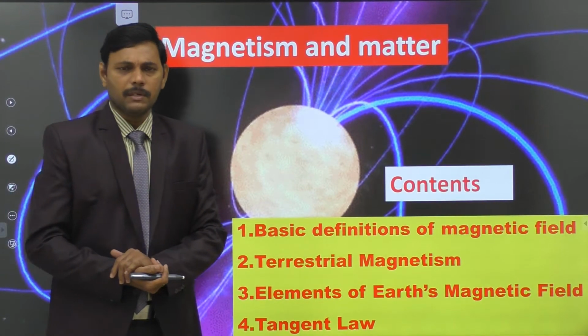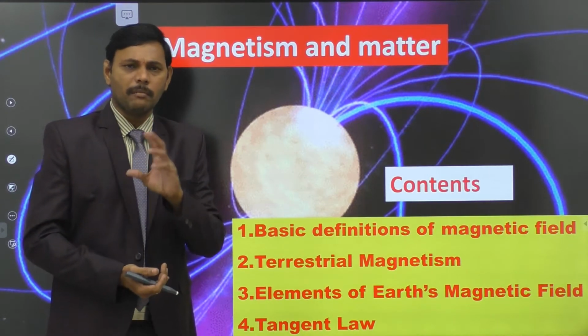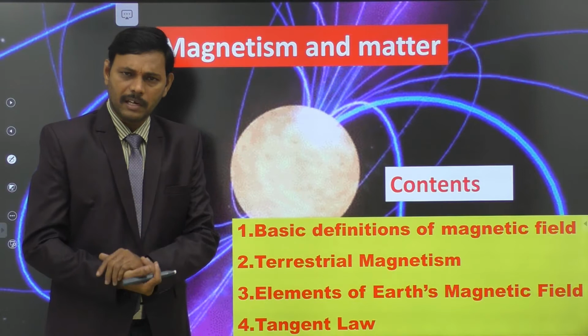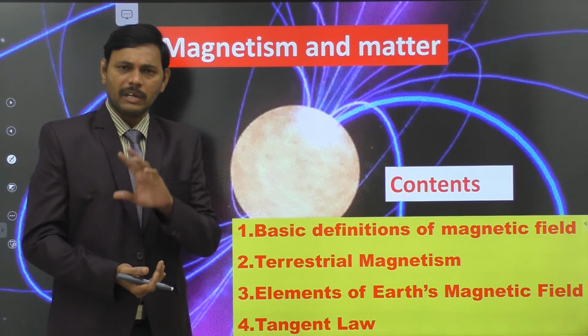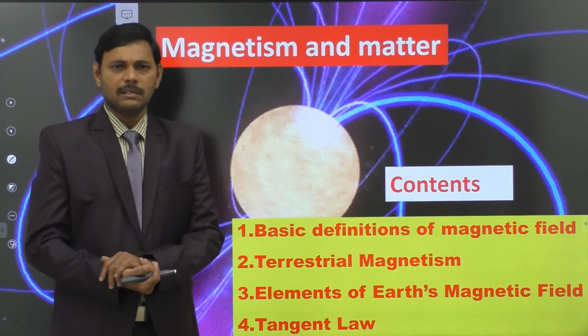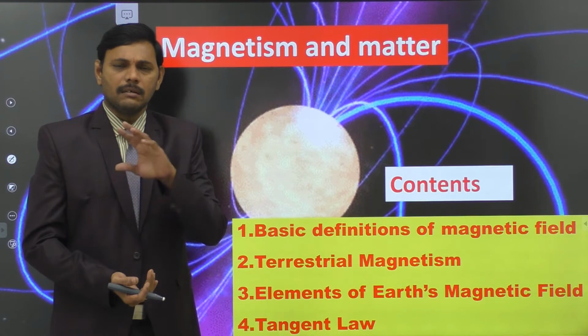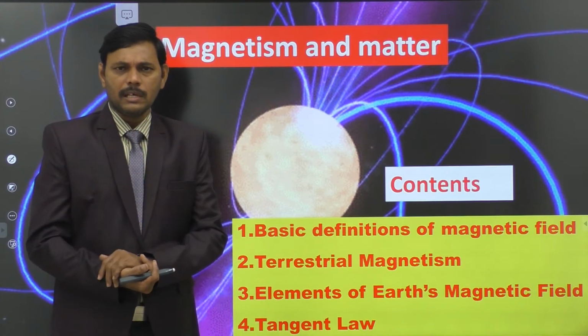So we describe the magnetic field, or we know the information of the existence of magnetic field, in different parameters such as magnetic field induction B, intensity of magnetic field, magnetizing intensity, relative permeability, susceptibility.